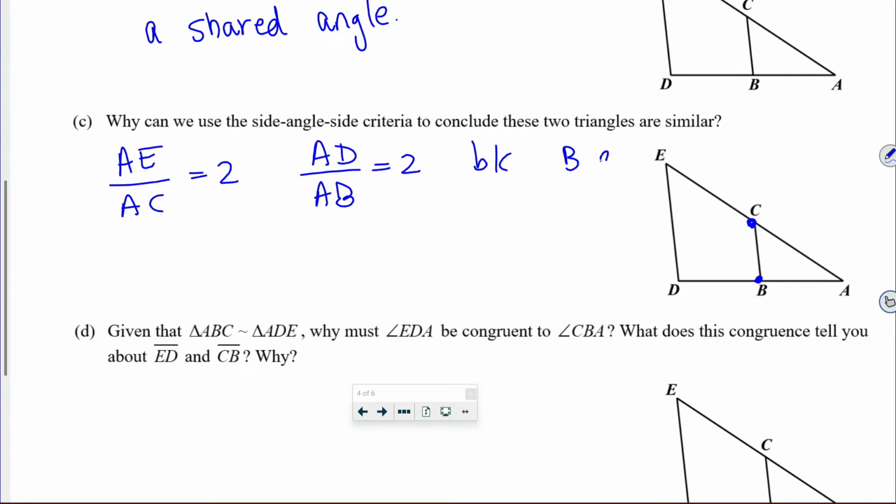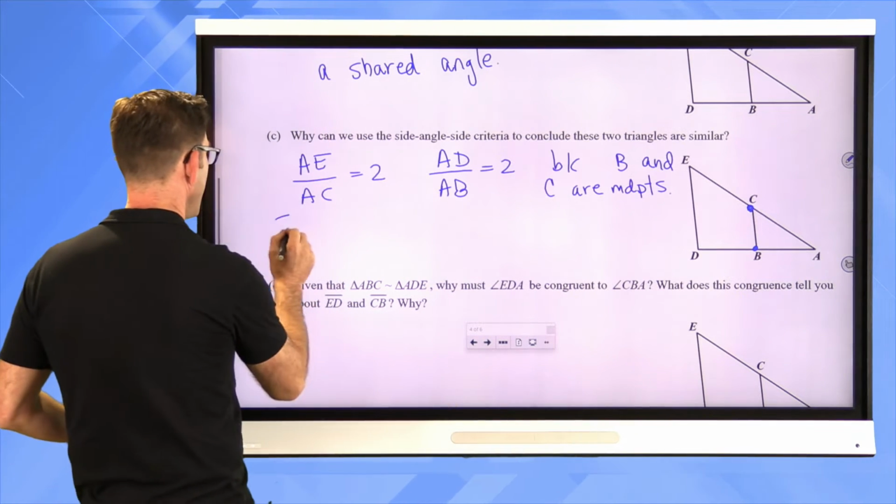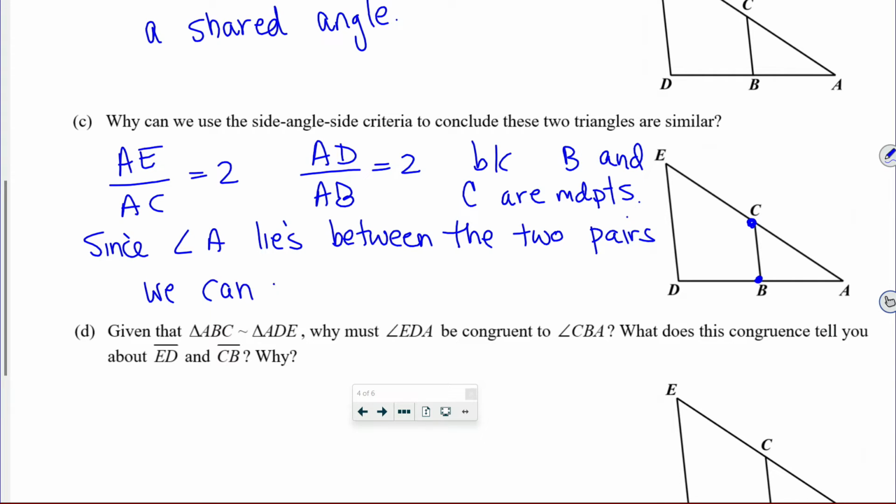Because B and C are midpoints, and since angle A lies between these two pairs, we can use side angle side.